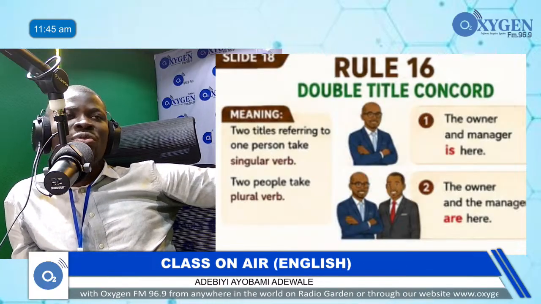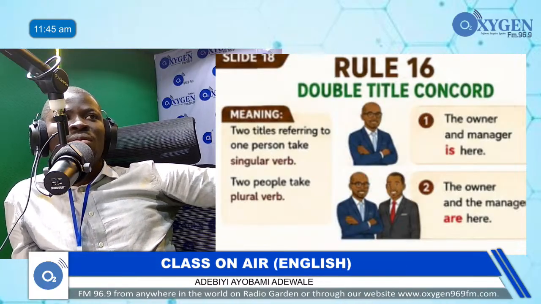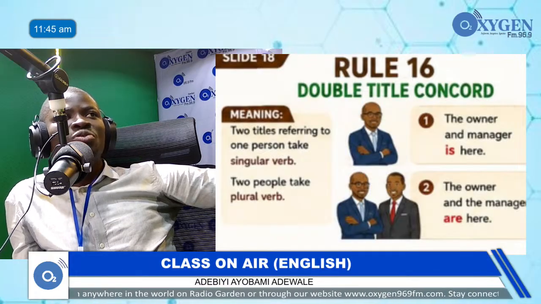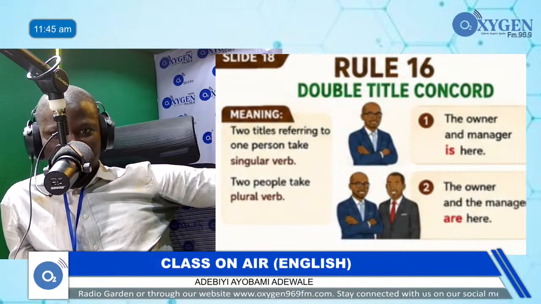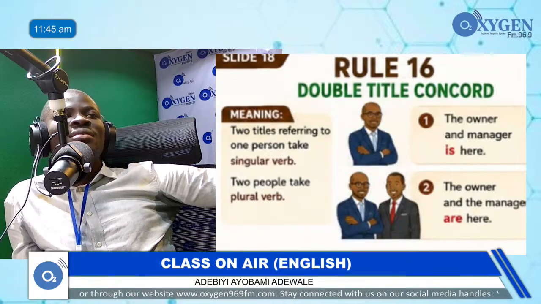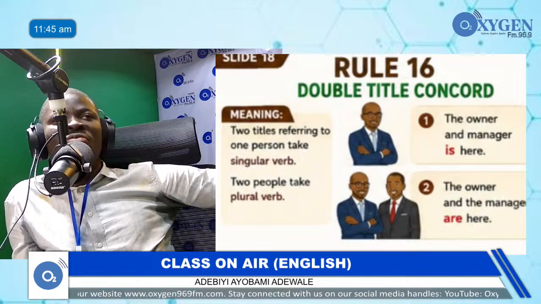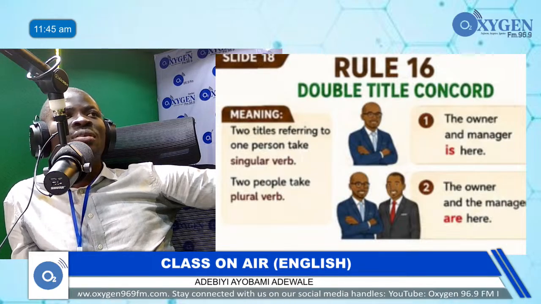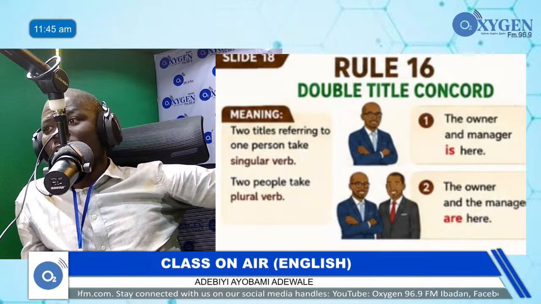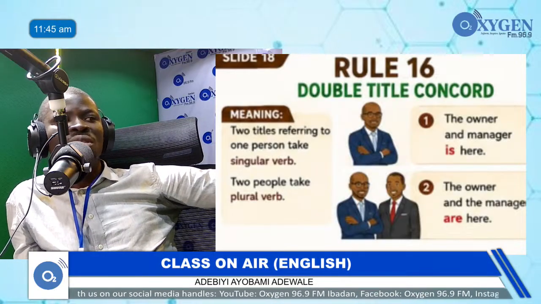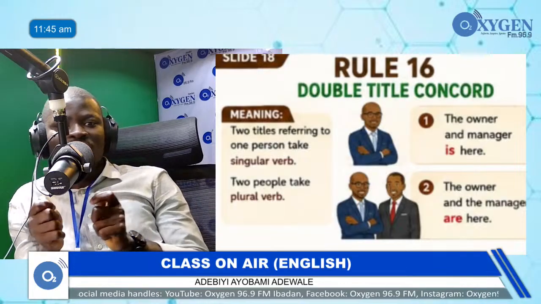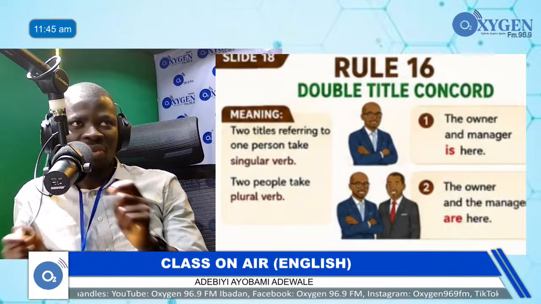When we have two titles referring to different persons, the verb will be plural. And how do we know that the second title is referring to the first title? It's just the exclusion of the definite article "the". When we use the definite article "the", it means that two things are being described separately.